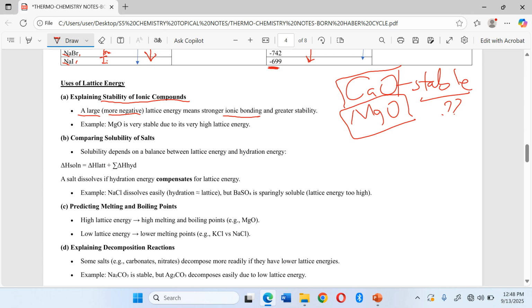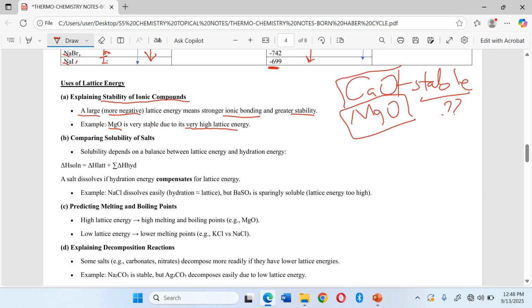So the higher the lattice energy, the stronger the ionic bonding, and therefore the greater the stability. For example, magnesium oxide is very stable due to its very high lattice energy.